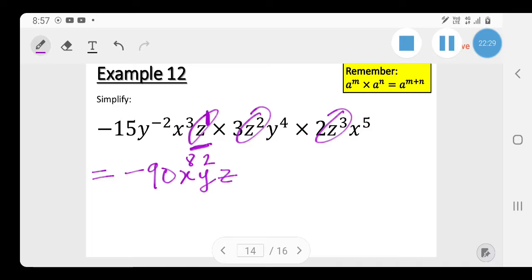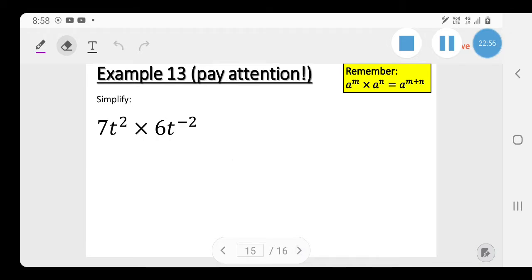So you might like to write it there just to remind you. 1 plus 2 is 3. 3 plus another 3 is 6. So there's our answer. Pretty neat, eh? Minus 90, x to the power of 8, y to the power of 2, z to the power of 6. Okay, we're almost there, guys.